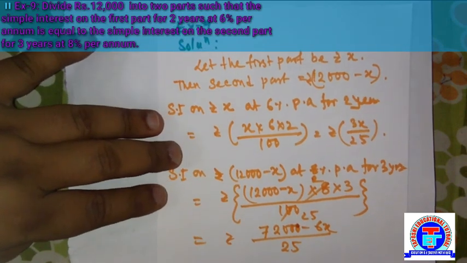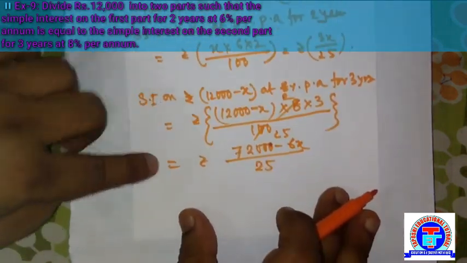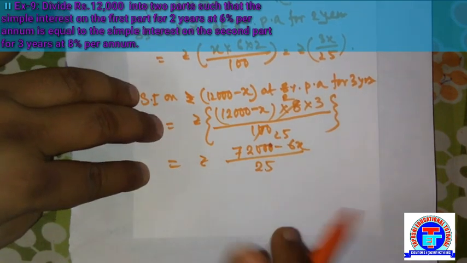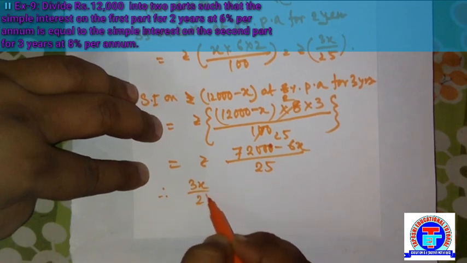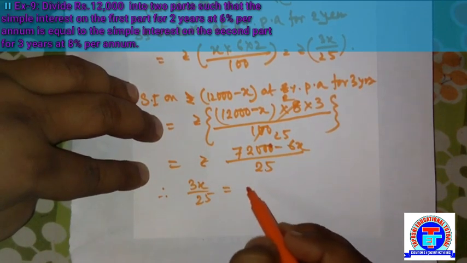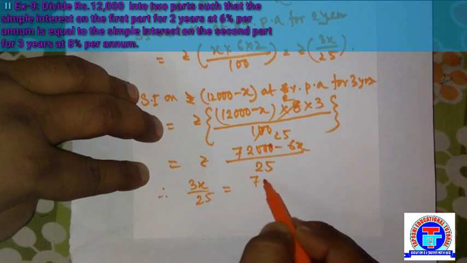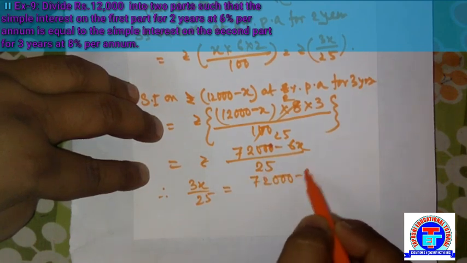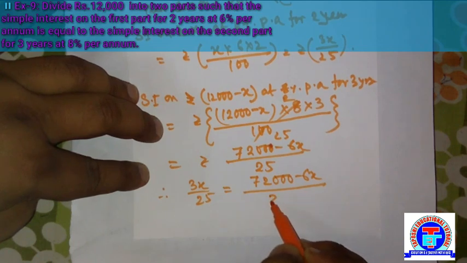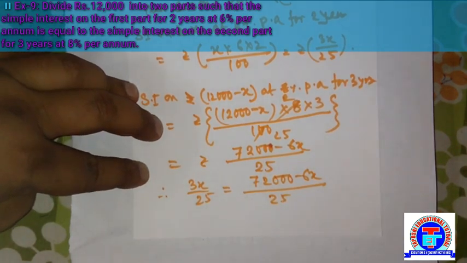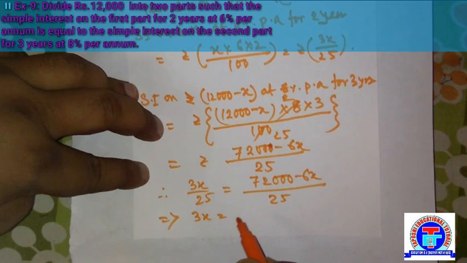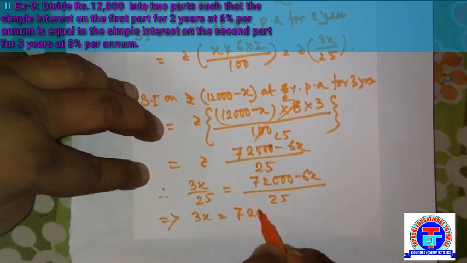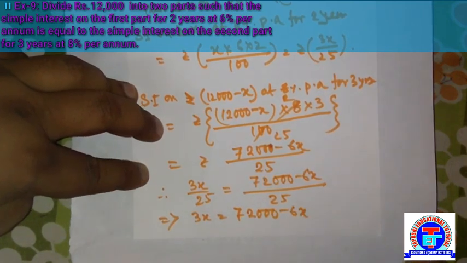Okay, so regarding this problem, now we write therefore 3x by 25 is equal to 72,000 minus 6x by 25. So 25 on both sides cancel, implies that 3x is equal to 72,000 minus 6x.